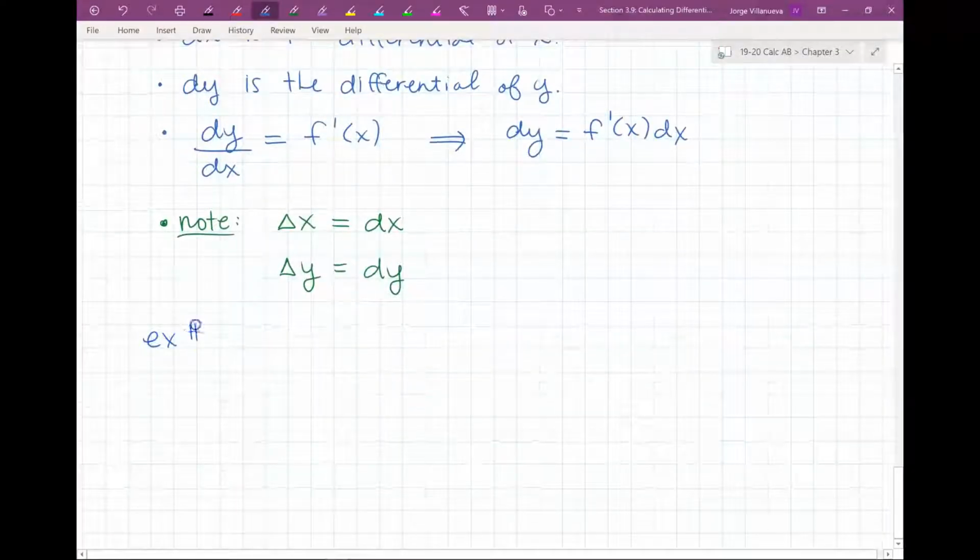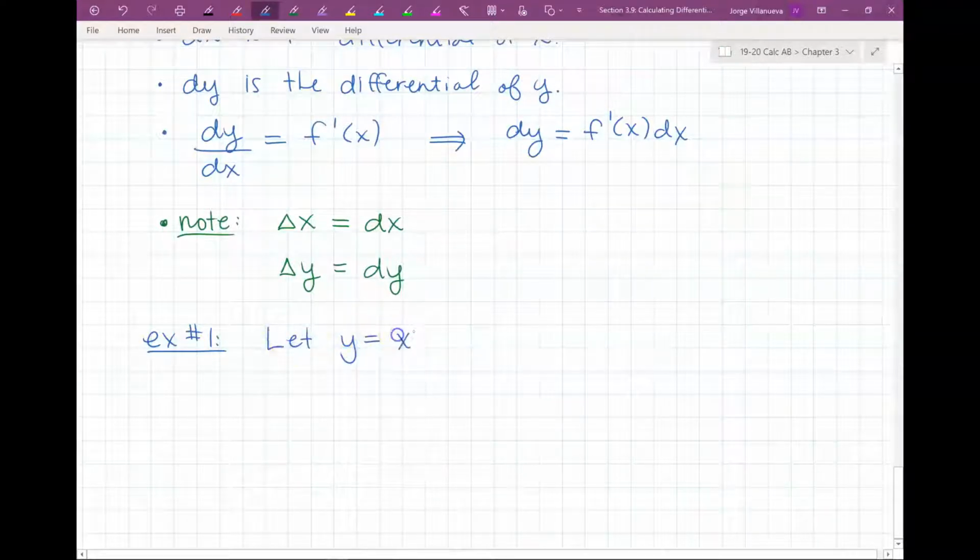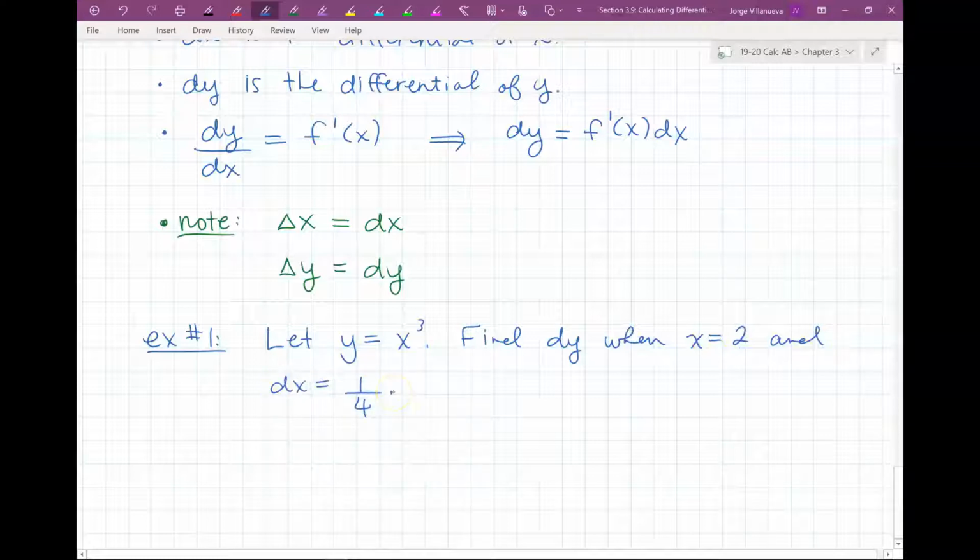So, example number 1. Let y equal x cubed. Find dy when x equals 2 and dx equals 1/4.